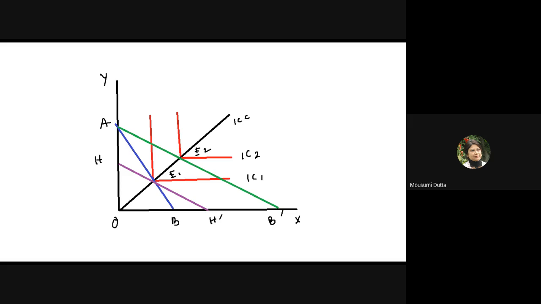Demand for X increases, and this is fully due to the income effect of relative price change.